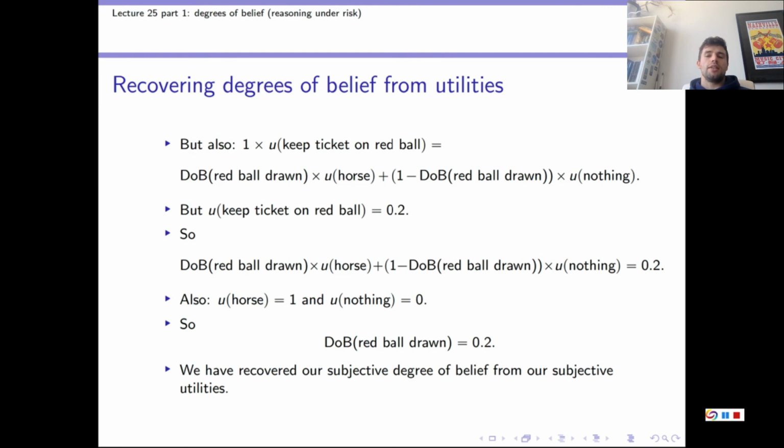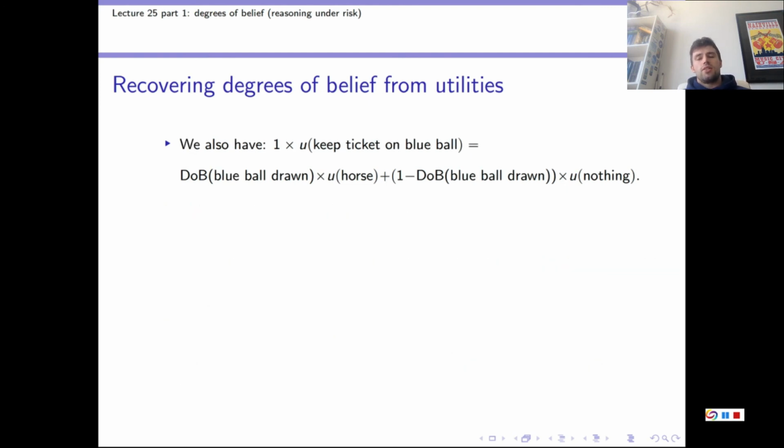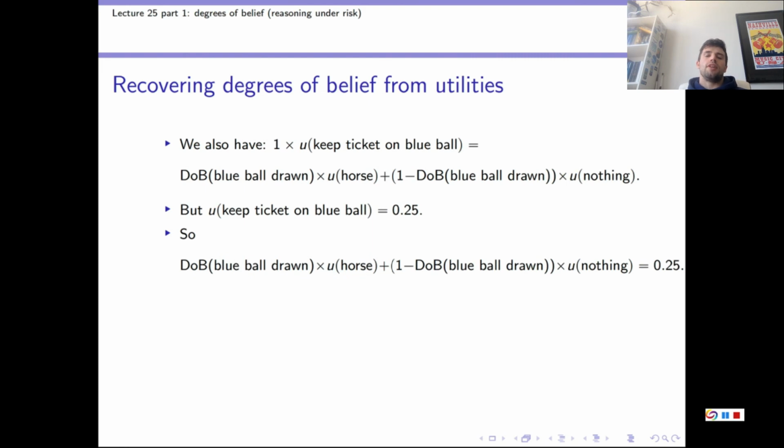So we can do a similar thing in the blue case. What we realize is that we know something about U of keep my ticket on a blue ball. We know that U of keep my ticket on a blue ball is equal to my degree of belief in a blue ball being drawn times U of horse plus 1 minus degree of belief in a blue ball being drawn times U of nothing. And since this is what we figured out before, U of keep my ticket on a blue ball is 0.25, what this means is that degree of belief in a blue ball being drawn times U of horse plus 1 minus degree of belief in a blue ball being drawn times U of nothing is 0.25.